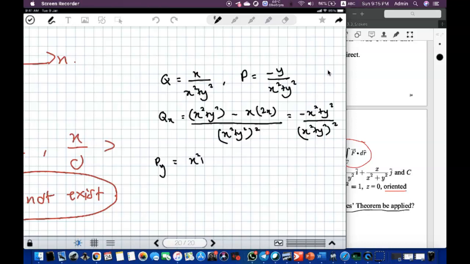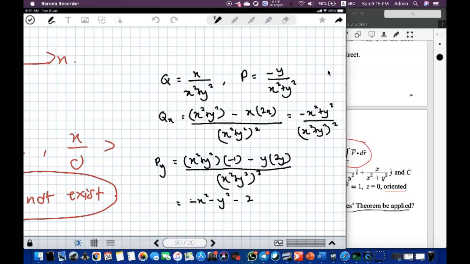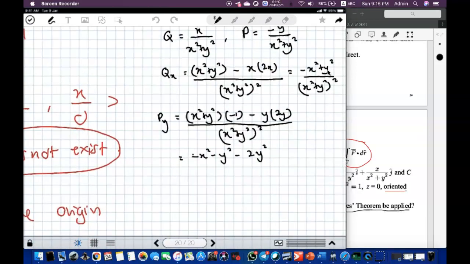So v du/dy, so we got minus 1, minus u dv/dy, differentiate with respect to y, divided by v squared, x squared plus y squared, squared, and you will get minus x squared minus y squared minus 2 y squared over x squared plus y squared, squared.